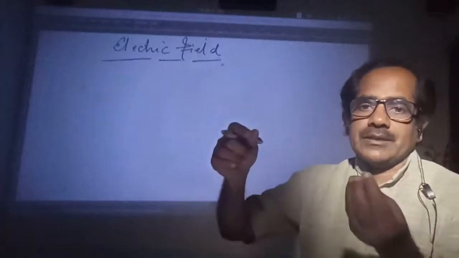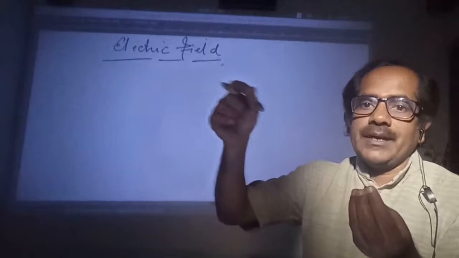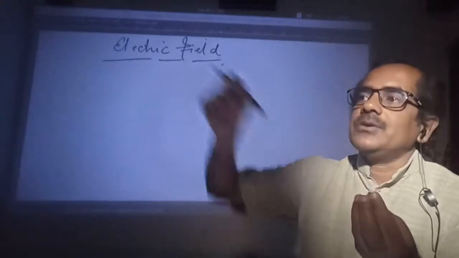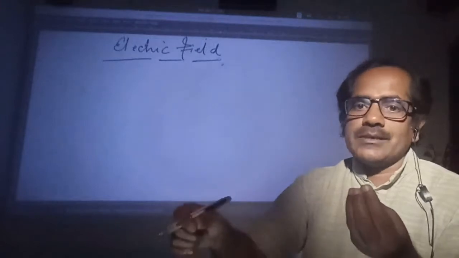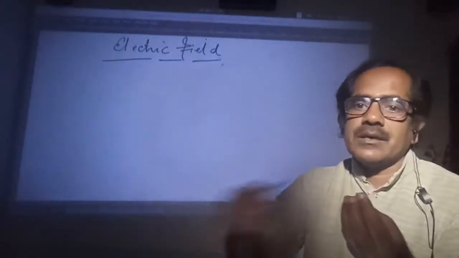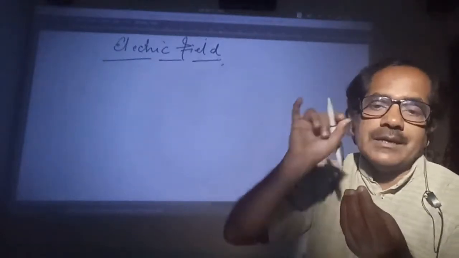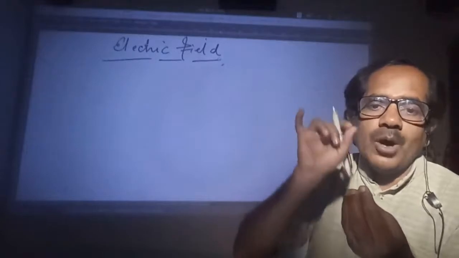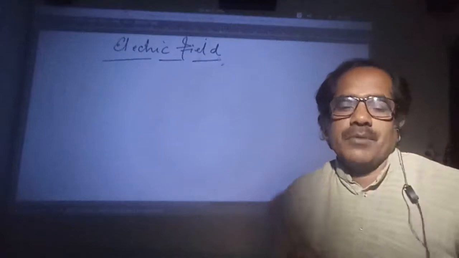Suppose the test charge is here, you are keeping the test point here, you are finding the influence at this point, so it will be in this direction or in this direction along this line. Your point is suppose here, then it will be in this direction or in this direction. So around the test charge, wherever the point is in the space, the influence of force is specific to that particular point.